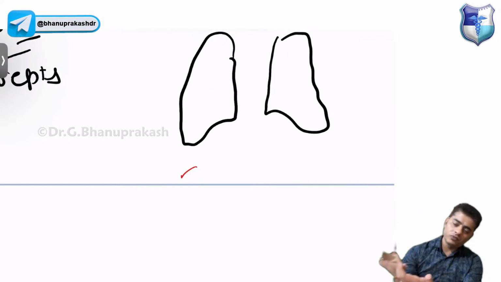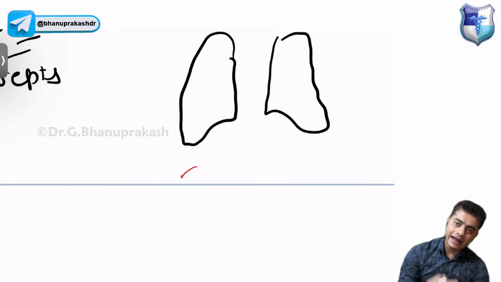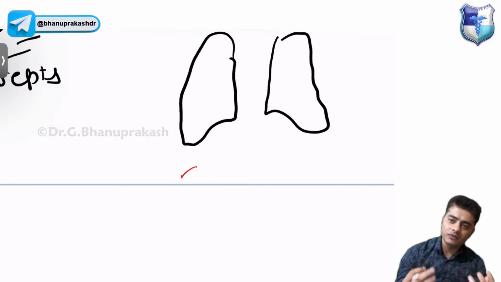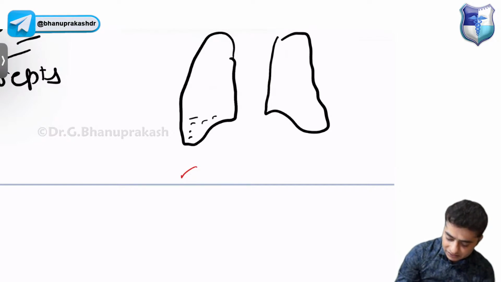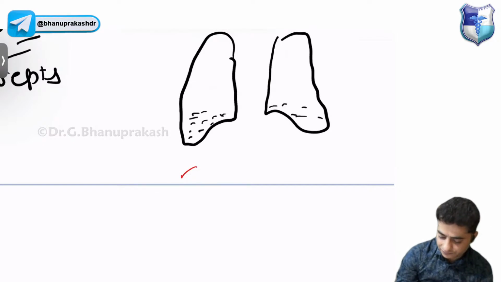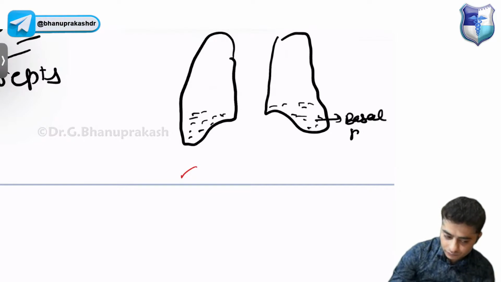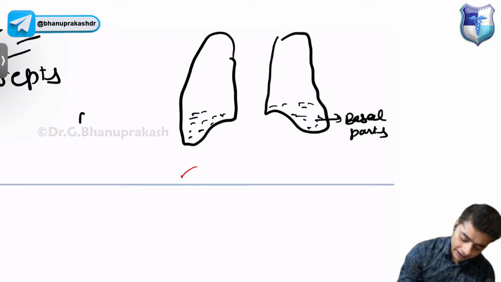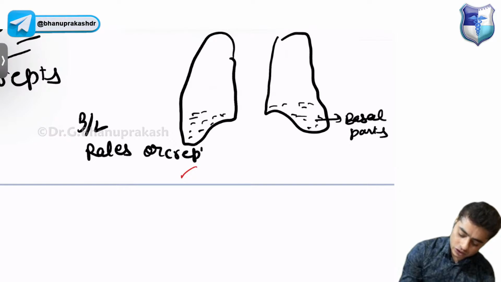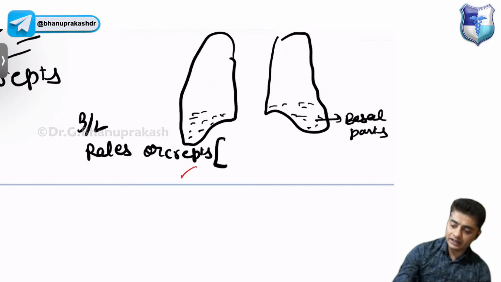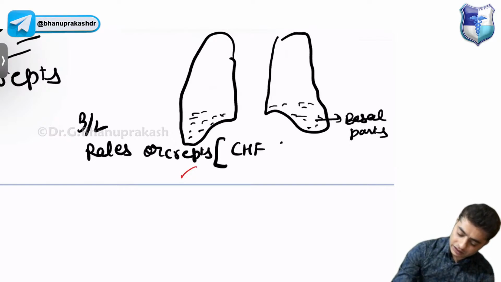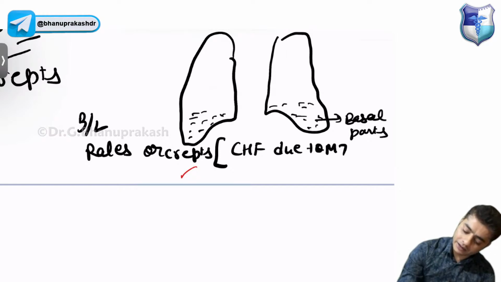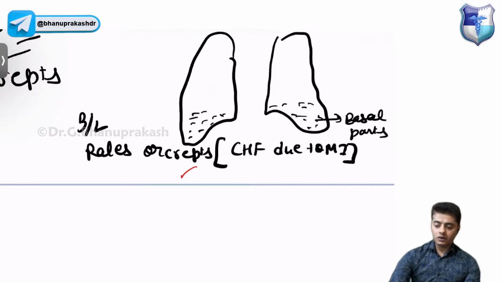So this pulmonary vein blood will go back to the pulmonary capillaries, and in the pulmonary capillaries, leakage of blood will happen, and this will accumulate in the lungs, especially in your basal parts. And when you auscultate in these areas, you will get bilateral rales or creps. So in what setting will you get this? You will get it in CHF, that is due to MI.